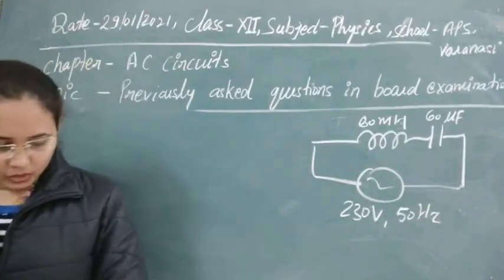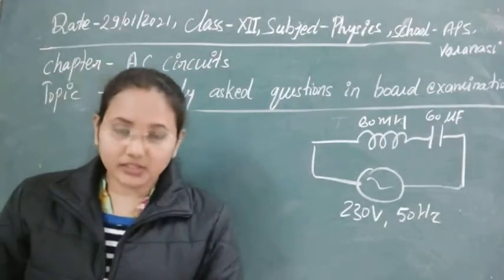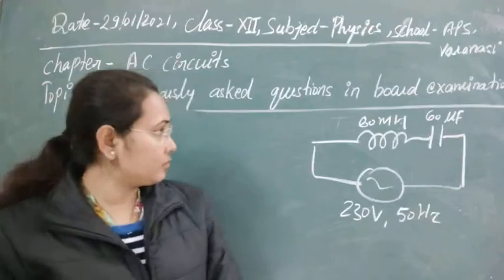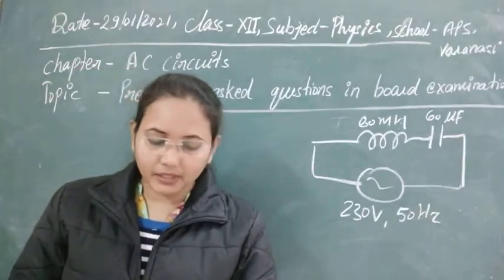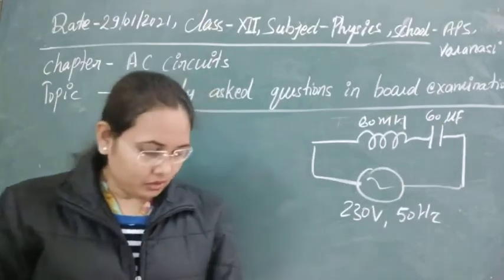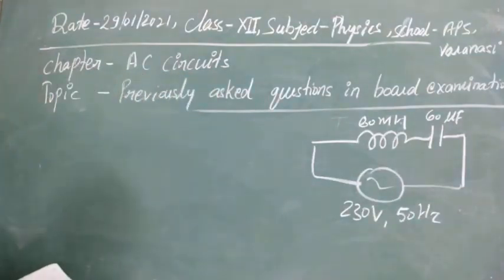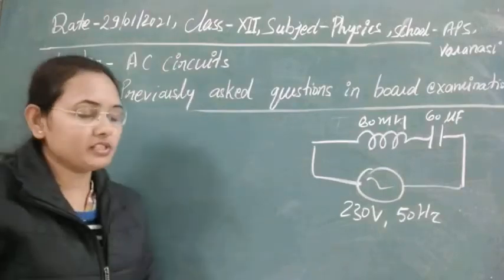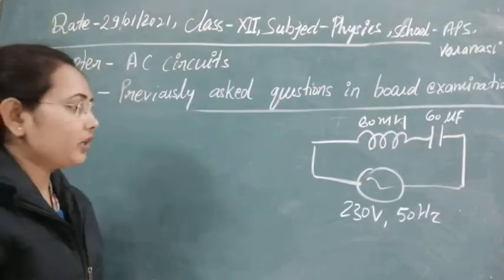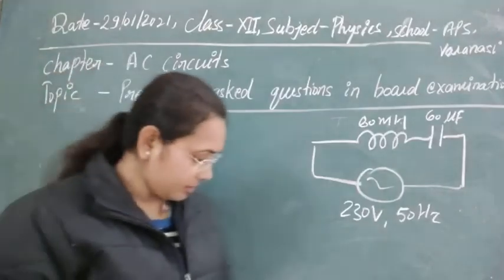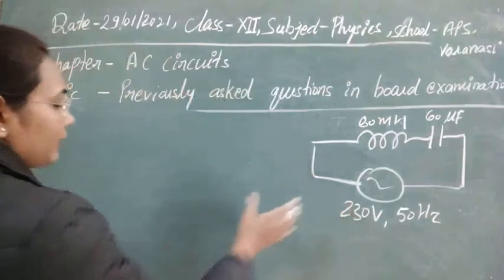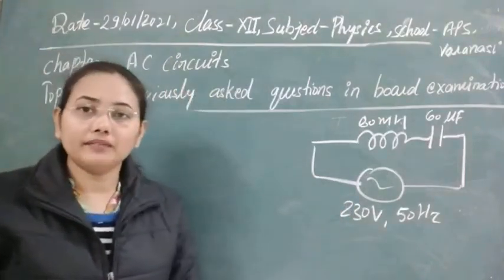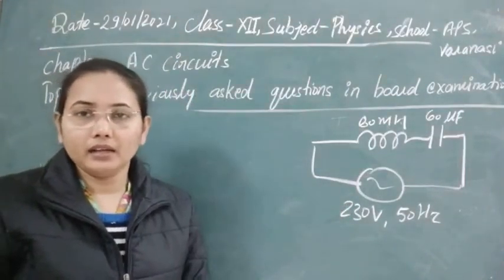Clear? So among the questions from this topic, the first is to obtain the current amplitude and RMS value. To calculate the current amplitude or RMS value, first of all we can calculate the RMS value of current here. To calculate the RMS value of current, we first need the impedance again.